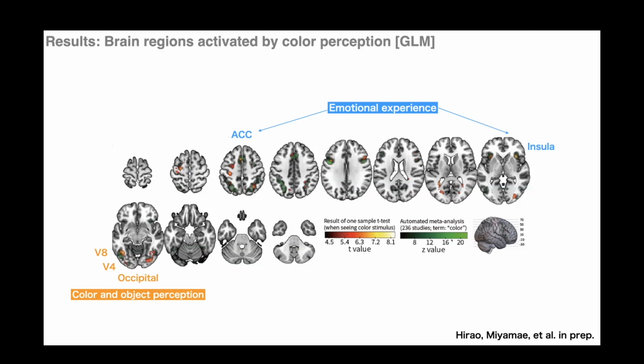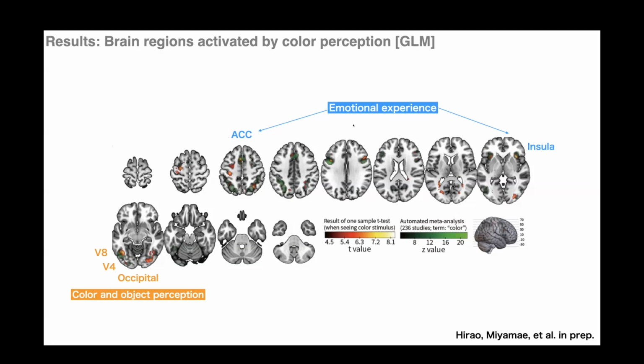And the green are the result obtained from a meta-analysis of 236 studies. Our study corresponds well to the previous study: visual regions and frontal regions, and also insula and ACC. So it indicates that the other color studies also show these seemingly irrelevant regions, okay?